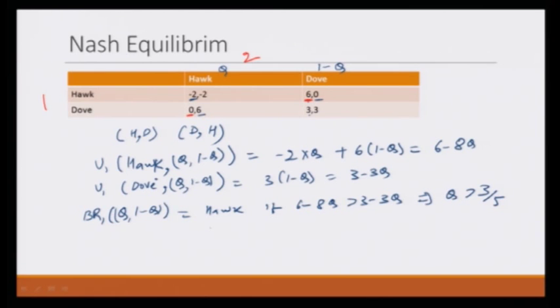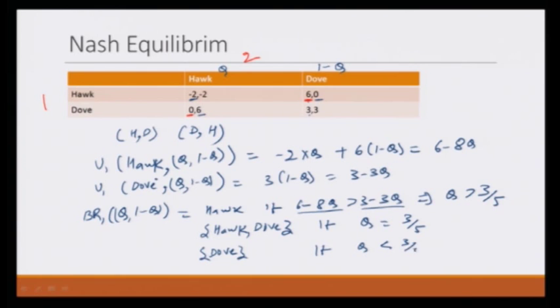Similarly, player 1 will play either hawk or dove or any mix of hawk and dove if q is equal to 3/5. And if q is less than 3/5, it means 3 minus 3q is greater than 6 minus 8q, then player 1 will play dove.